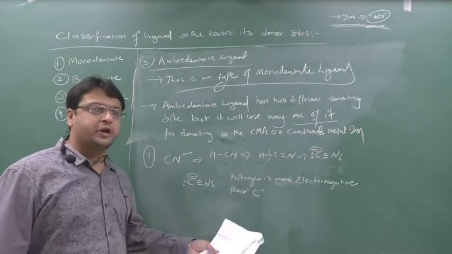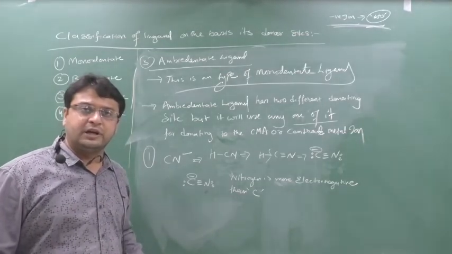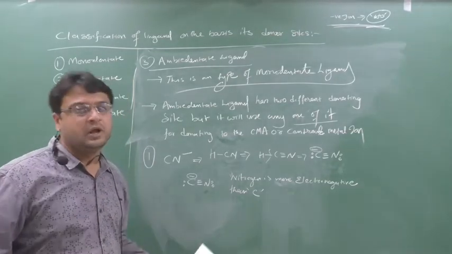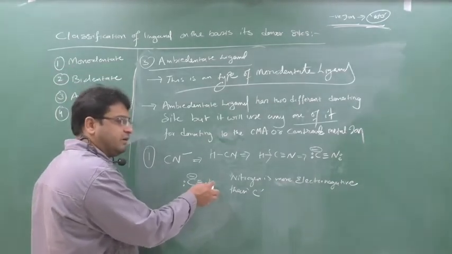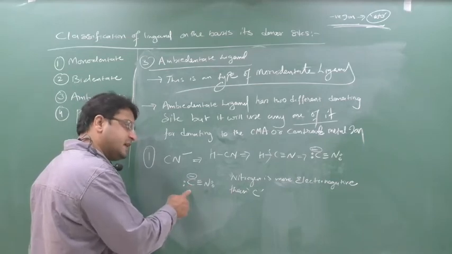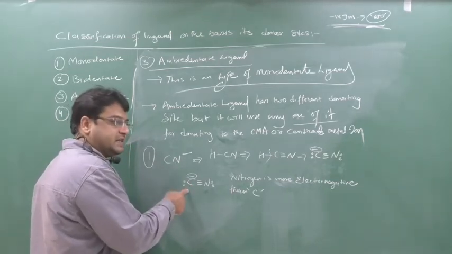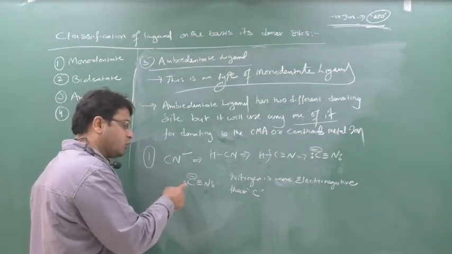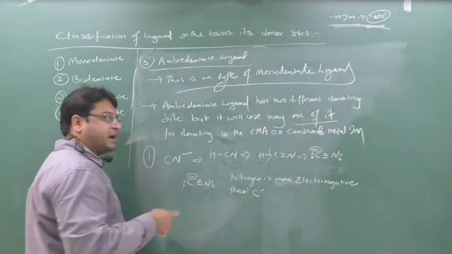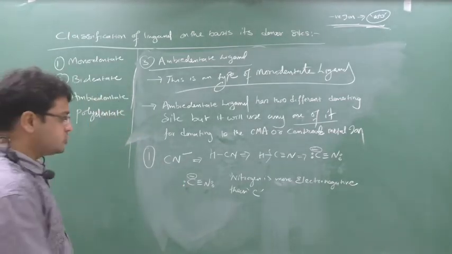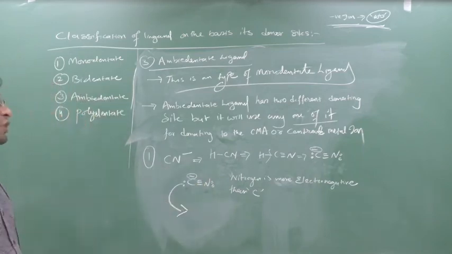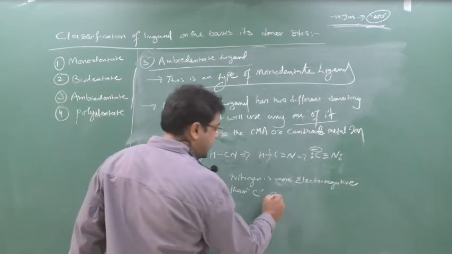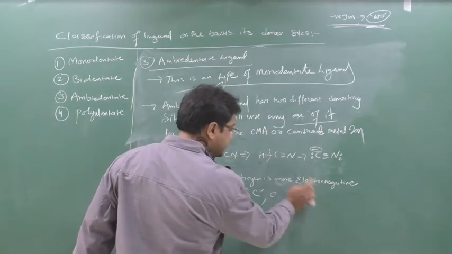Then the more electronegative element will like to keep the electron, not give it. Nitrogen holding this electron will have no issue, but carbon is less electronegative. When carbon is less electronegative, a negative charge will not look good on this carbon. So this carbon will readily give the electron. So the electron will come from here, not from here.